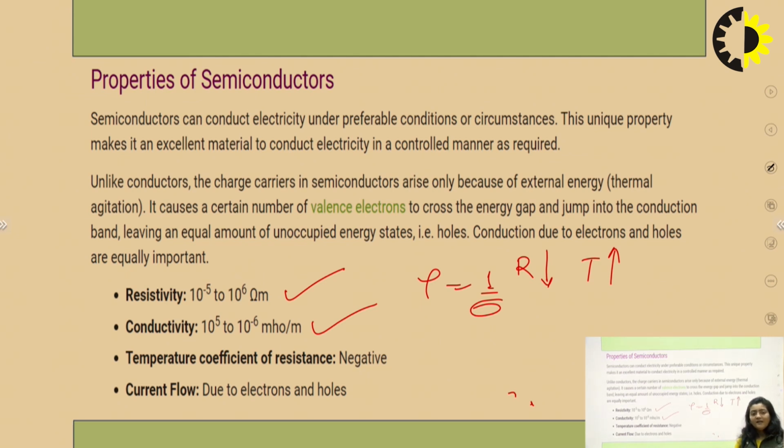Unlike semiconductors, conductors possess a positive temperature coefficient of resistance. It means as you increase the temperature of a conductor, its resistivity also increases. Now, current flow is due to both electrons and holes. Holes are the charge carriers which are only available in semiconductors.